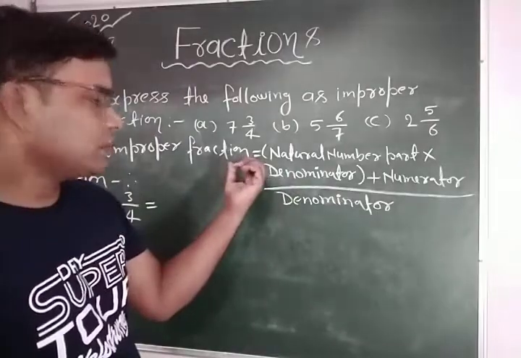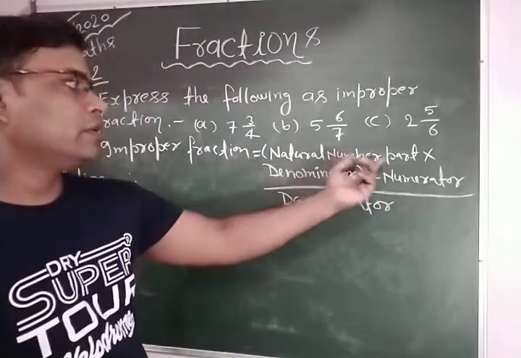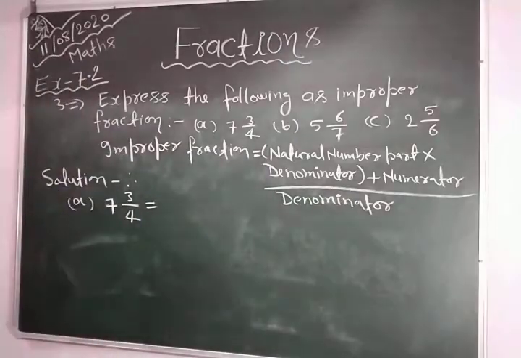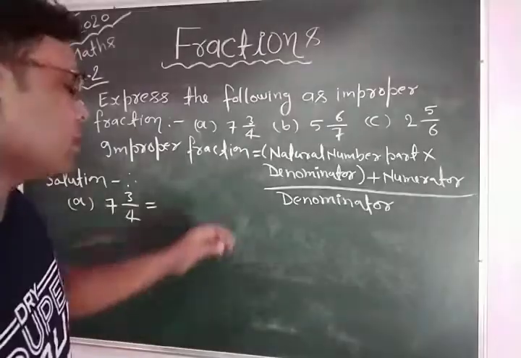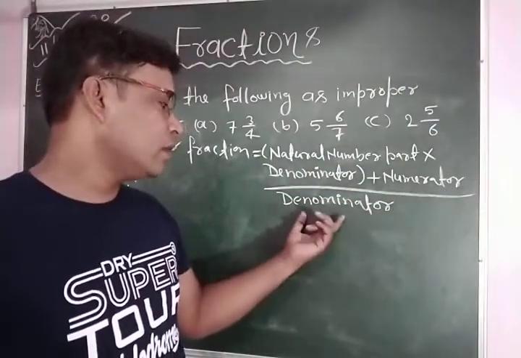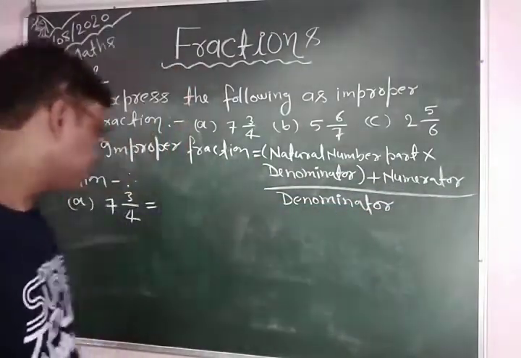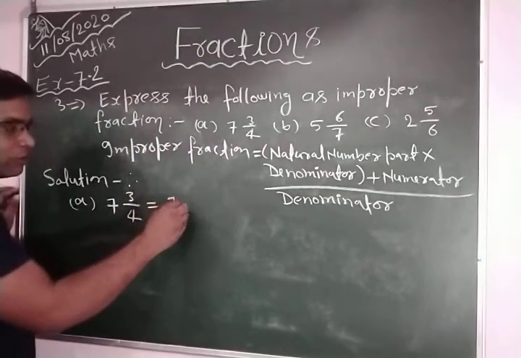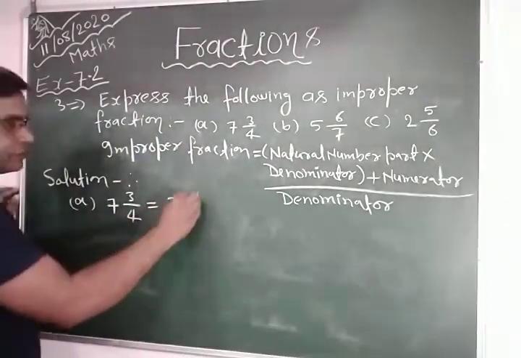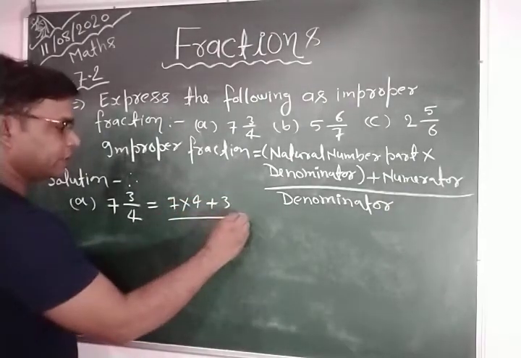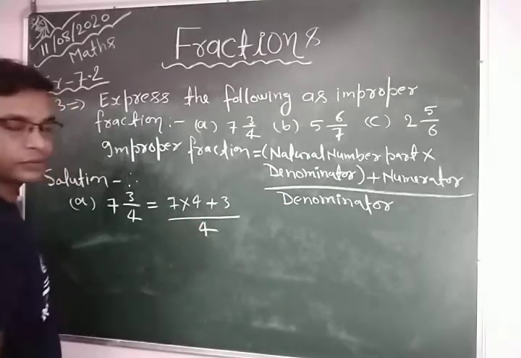Natural number part into denominator plus numerator, divided by denominator. 7 is the natural number part, into denominator 4, plus numerator 3, over 4.